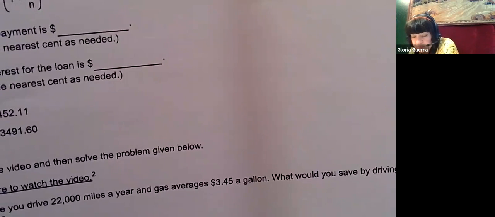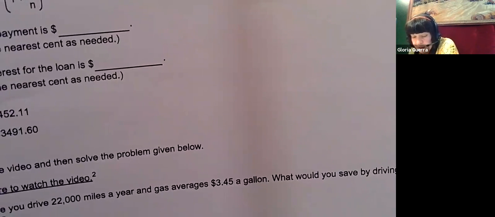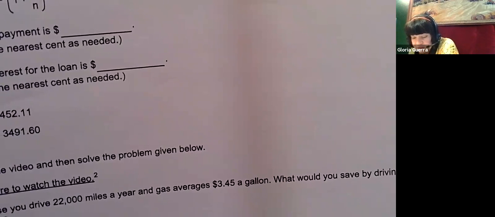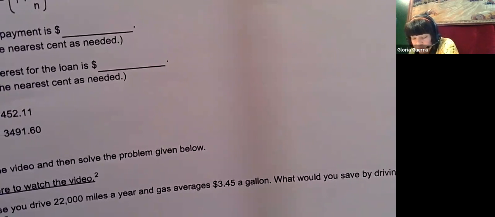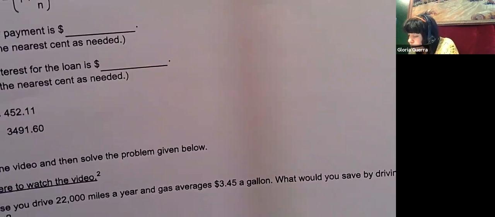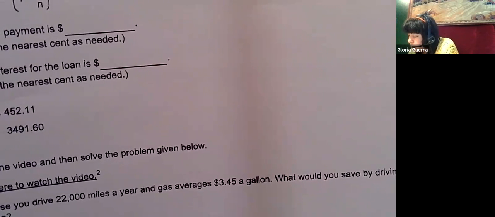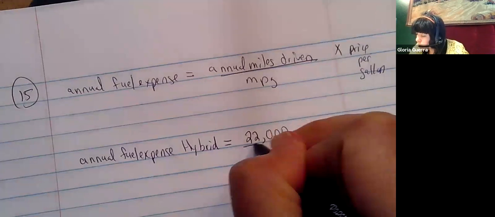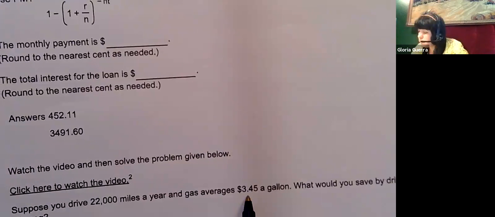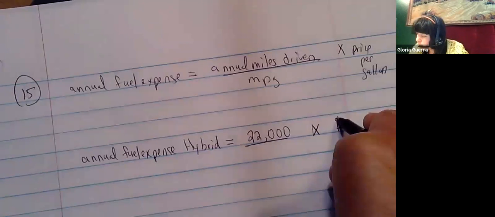The annual miles driven and the price per gallon are the same for both problems. Gas averages $3.45 a gallon.